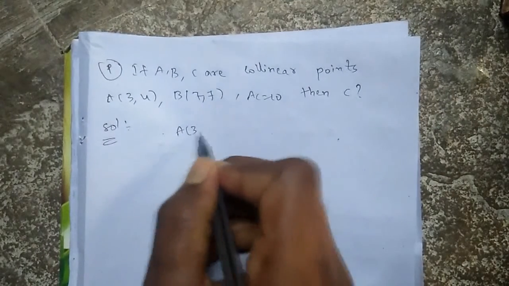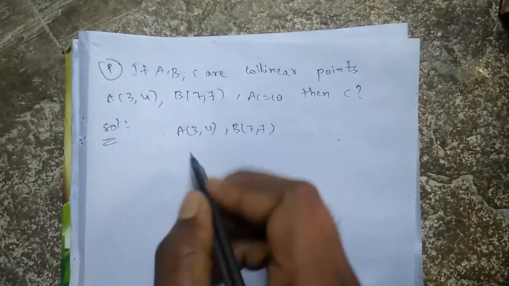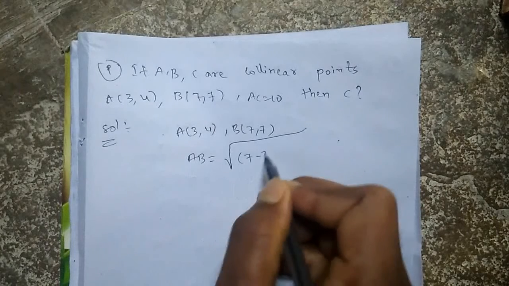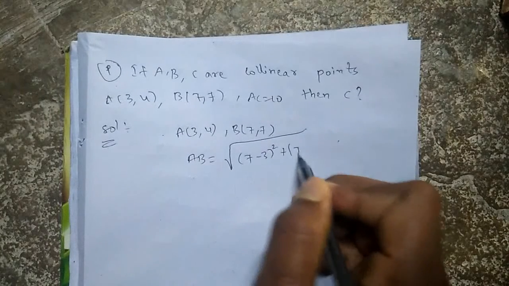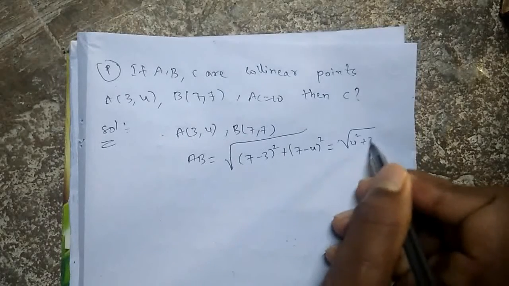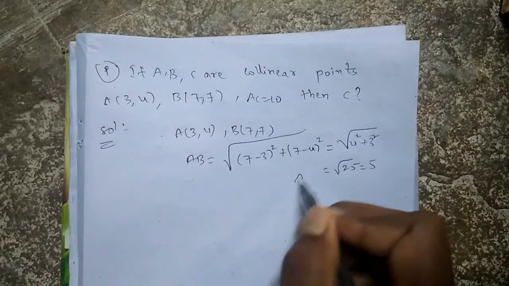Here A is (3, 4), B is (7, 7). Find the distance AB. AB is equal to root of (7 minus 3) whole square plus (7 minus 4) whole square, that is root of 4 square plus 3 square, that is root 25 is equal to 5.